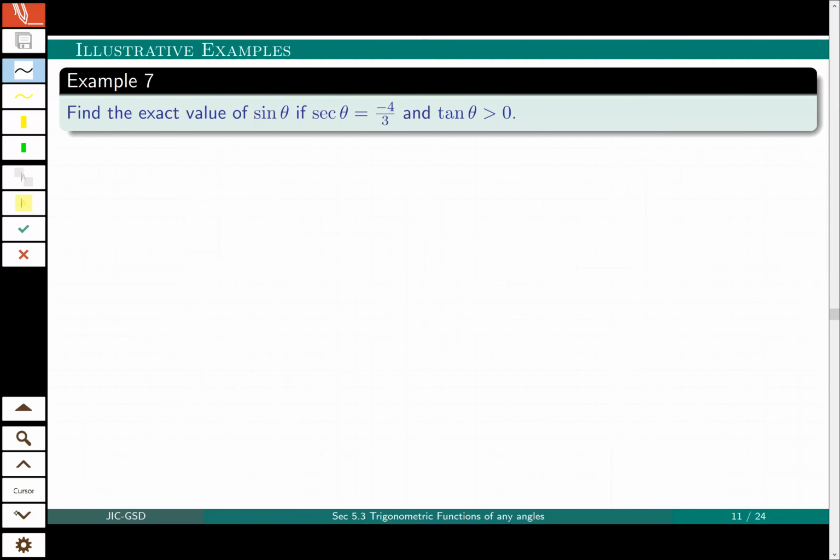Now, similarly, look at what's given to me. Given secant theta is equal to -4 over 3. That will mean cosine theta, it's the reciprocal, -3 over 4. And it says tan theta is positive. Again, we need to specify in which quadrant.